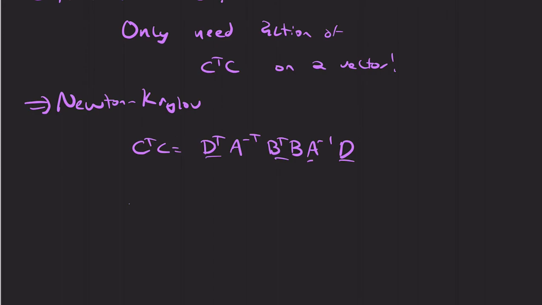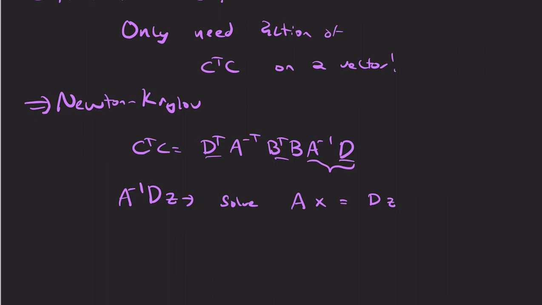So in order to get the action of A inverse D on a vector, let's call it Z, we solve a system of the form Ax equals Dz.